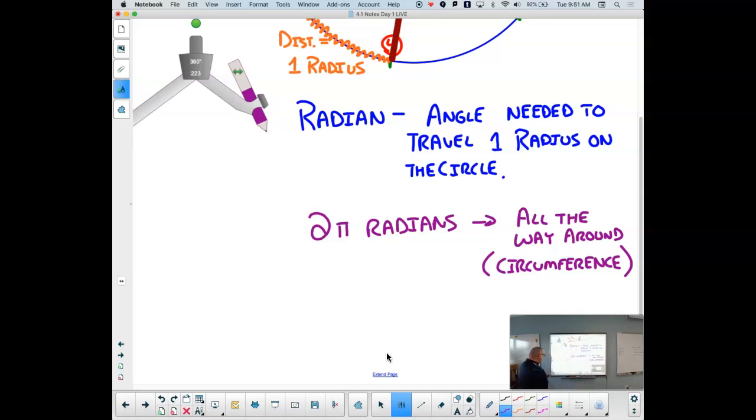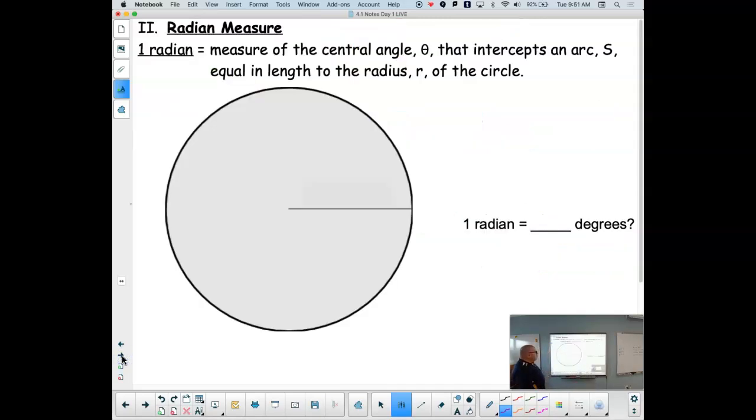Now, the true mathematical definition of 1 radian is the measure of the central angle theta that intercepts an arc S equal in length to the radius r of the circle.